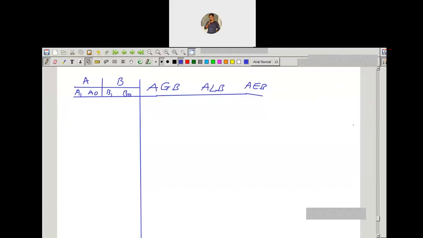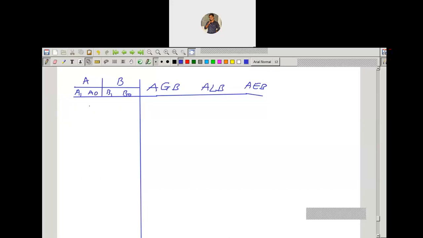Very well done. Right, obviously we are going to have the 16 input combinations, as you have 4 bits in the input.